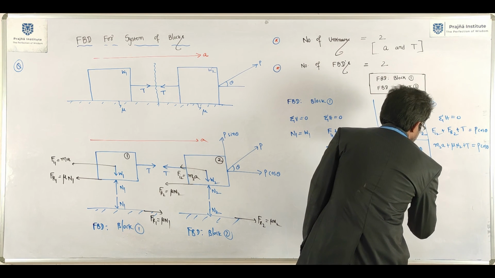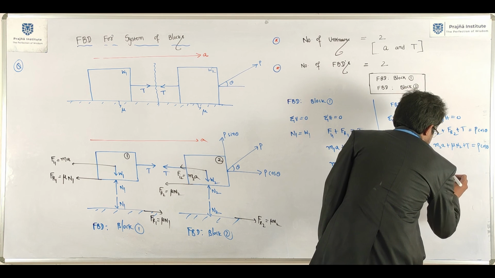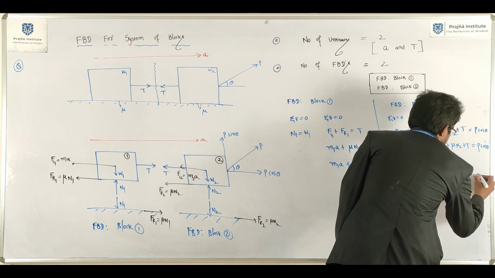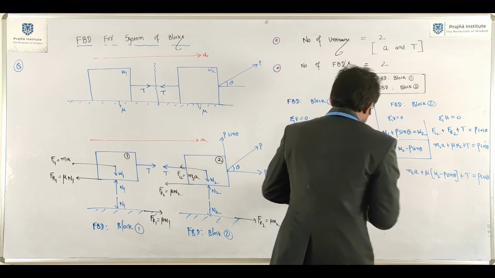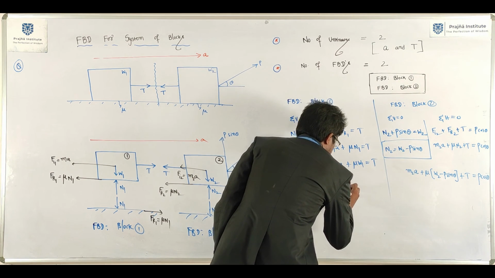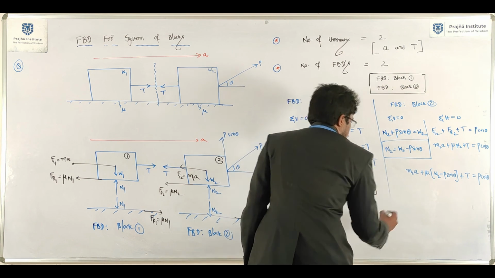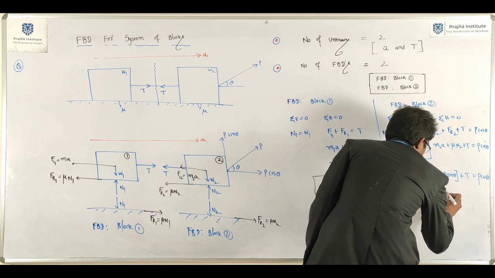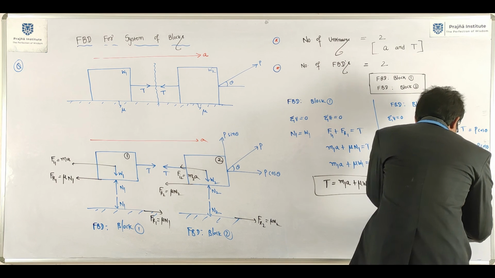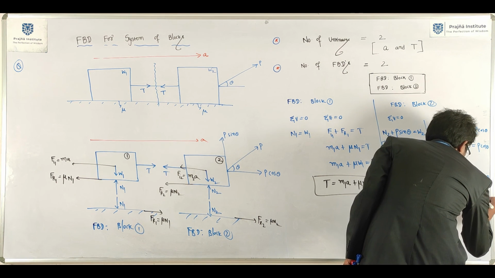Finally, M2A plus mu into W2 minus P sin theta, plus tension T equal to P cos theta. Here tension T is equal to M1A plus mu into W1. Here tension T is equal to P cos theta minus M2A minus mu into W2 minus P sin theta.